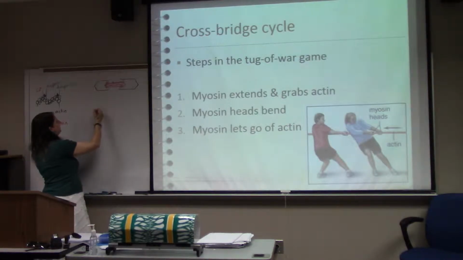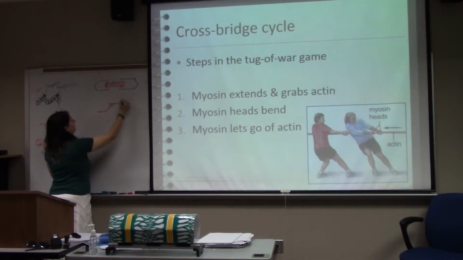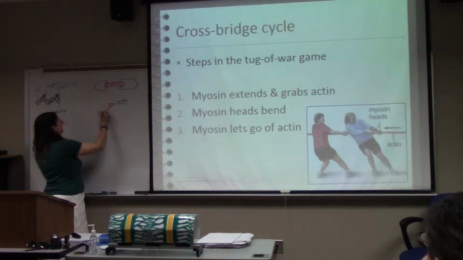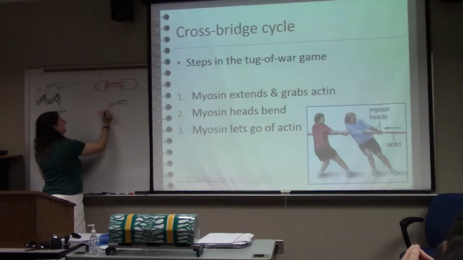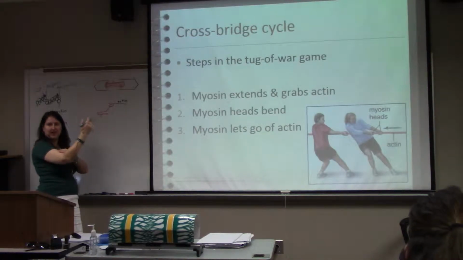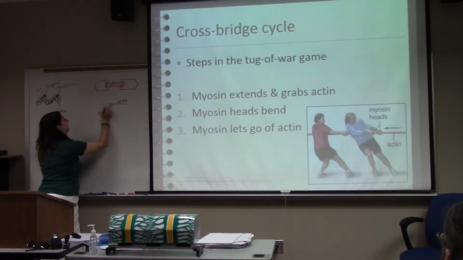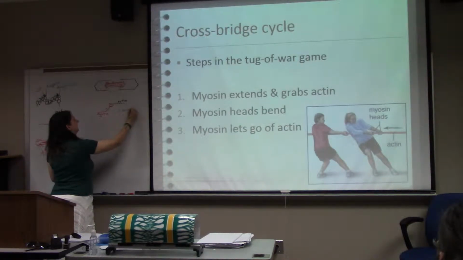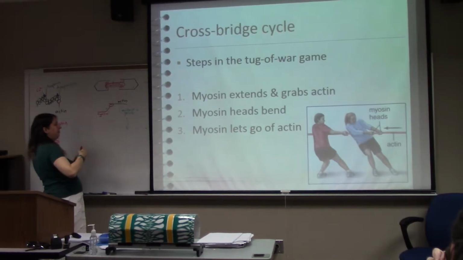Now if we just take one piece of myosin and a strip of actin, there's kind of a joint where the head meets the tail, where it can reach and pull at that point. So we're extending like this. Second, the myosin pulls the actin.